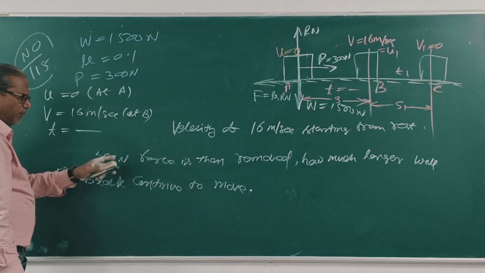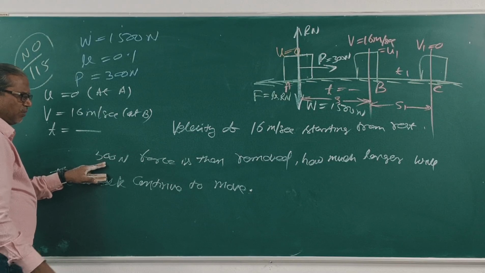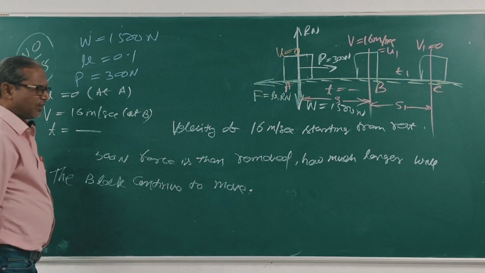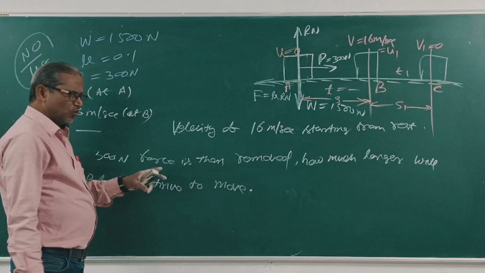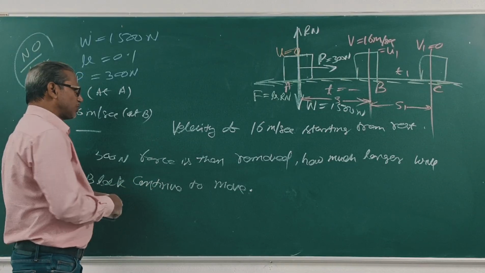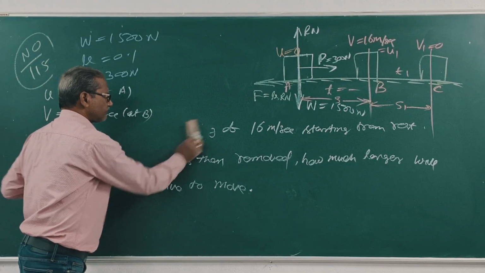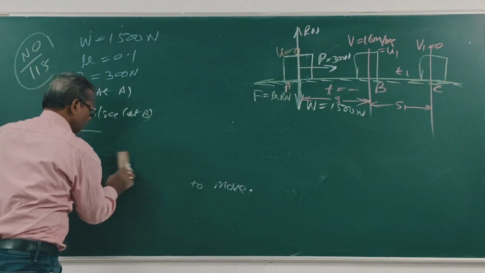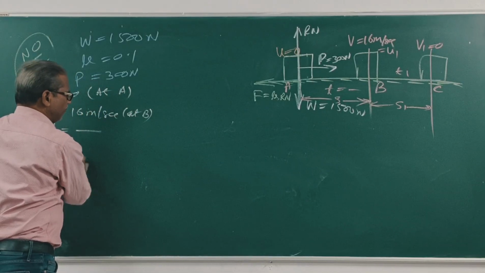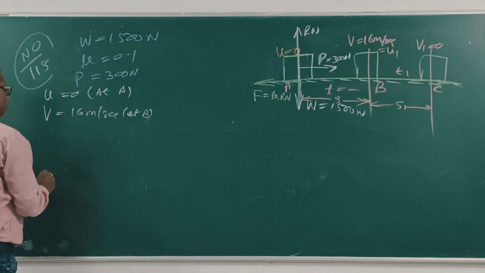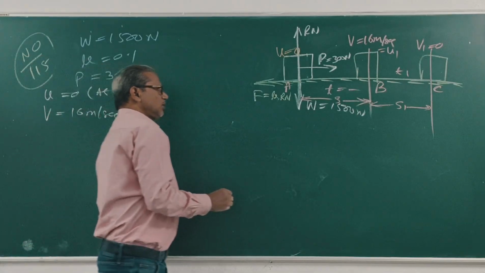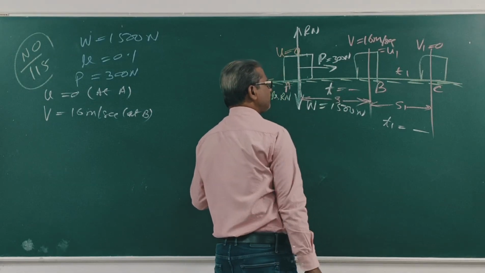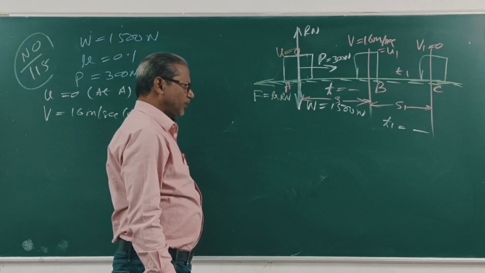Next, if this 300 Newton force is removed, how much longer will it continue to move? That means time again. What is the time taken from B to C? So from B to C, time t1. A to B, time t. Clear? Now first from A to B.